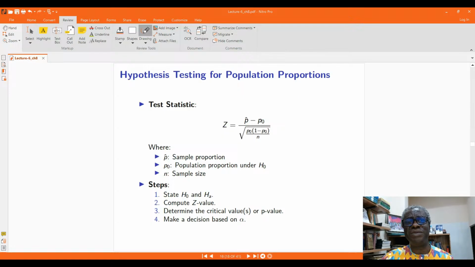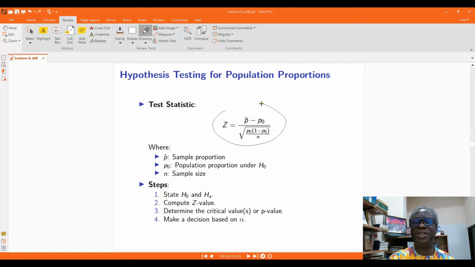We've seen when you are dealing with a single population mean and the sample is large enough. So now we want to look at population proportion.